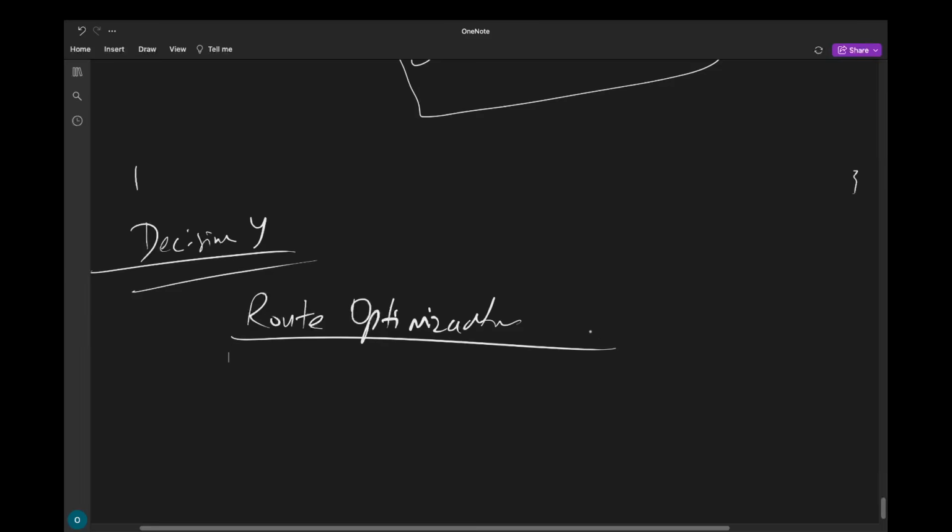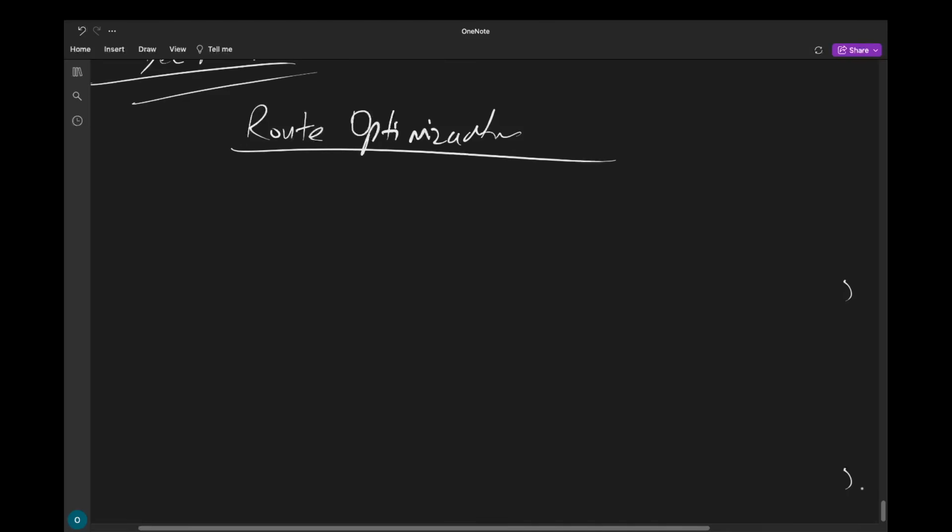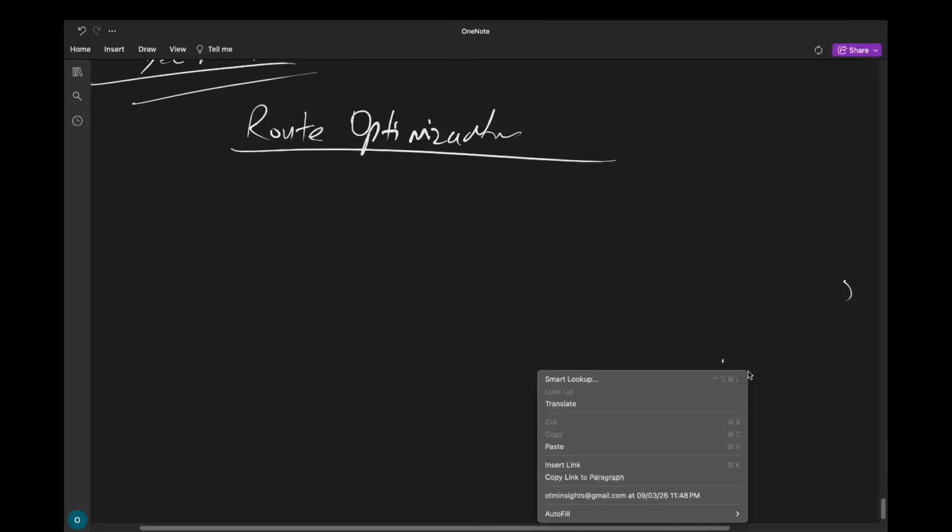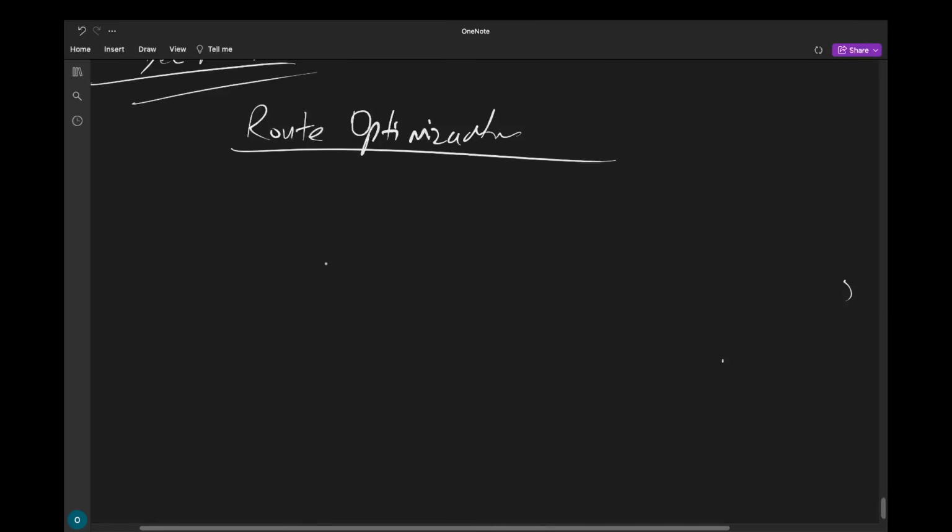So here the problem is multiple delivery stops are there, and what is the best sequence of route? Okay, so you have one truck with 5 delivery stops. So we have stop A, then B, D, C, E.